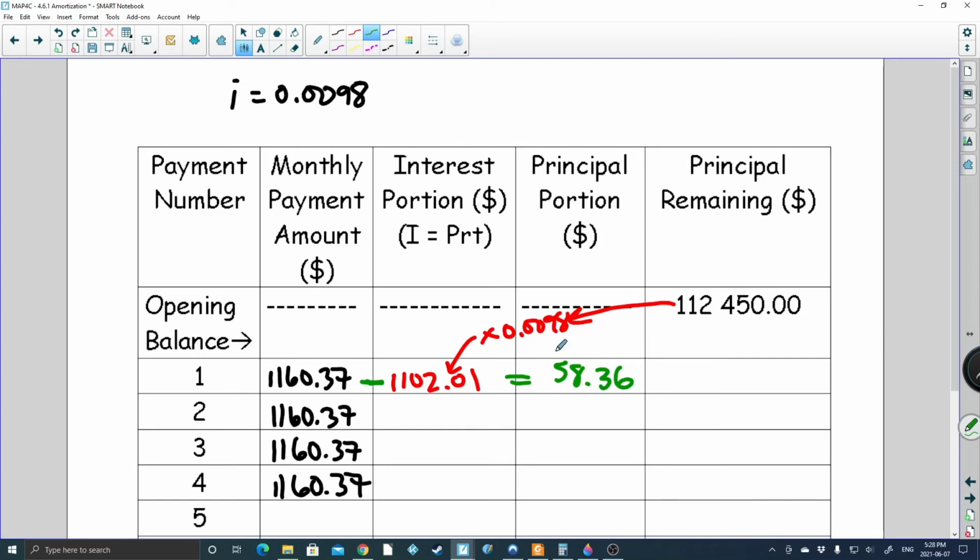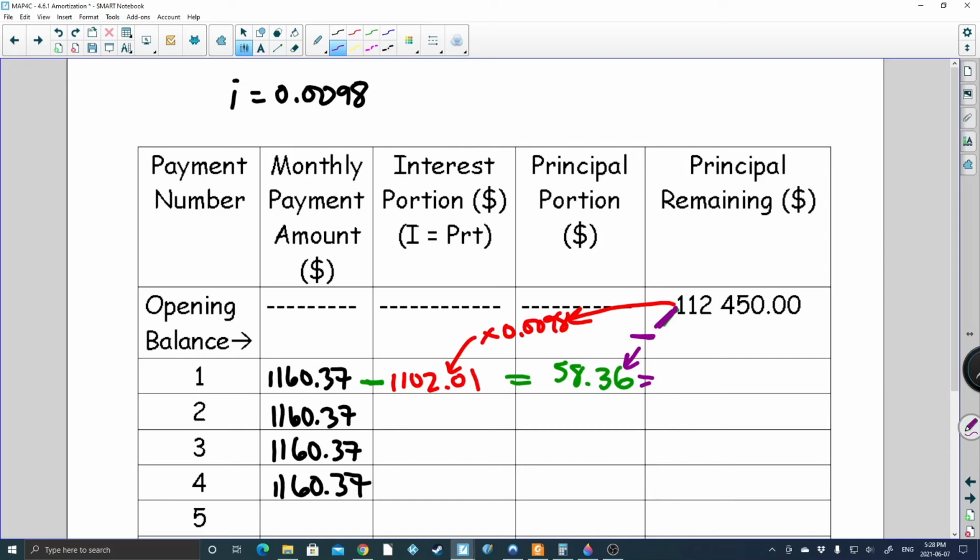And then, like before, I'm going to calculate with these two pieces of information. Right here, we're going to subtract those two numbers, because the 58.36 is the leftover that's paying off my mortgage.